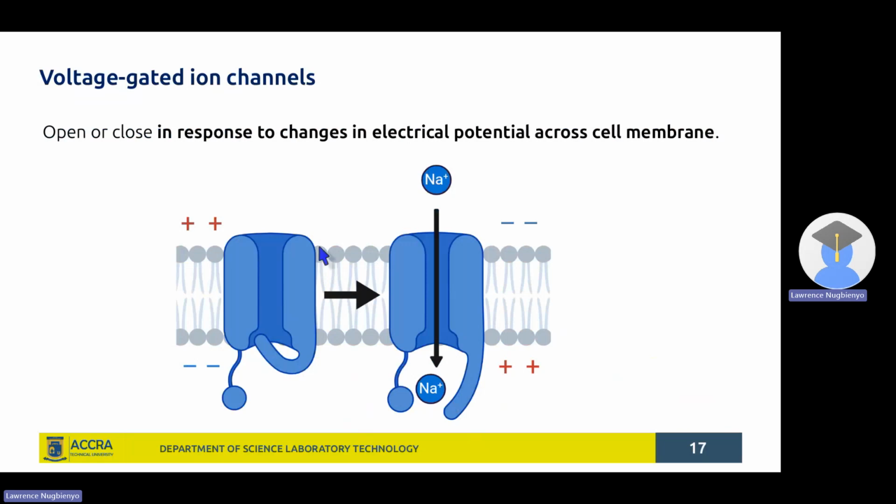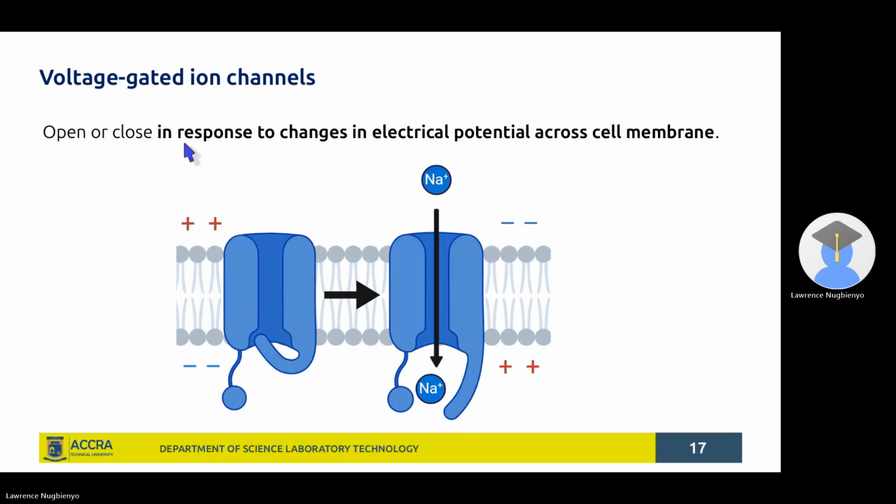Now in the voltage gated, you can see that there is no chemical messenger which is binding onto the membrane protein. So this is a membrane protein, a transmembrane protein, which is having a positive charge on, say, the extracellular space and a negative charge in the intracellular space. You can see it's having a gate in the intracellular space, like a single gate there.